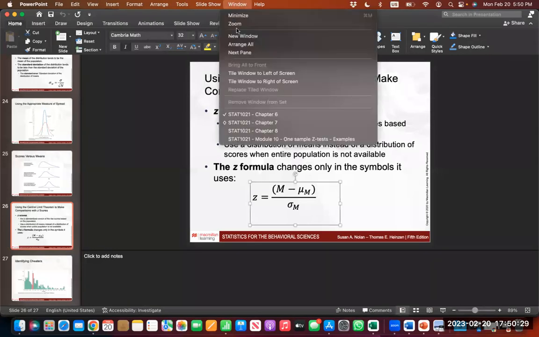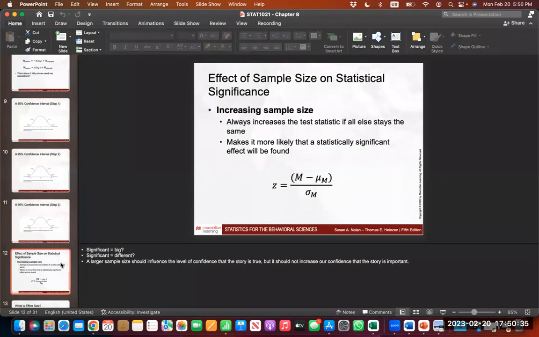So, okay, in 5 minutes, we can quickly also chat about effect sizes.